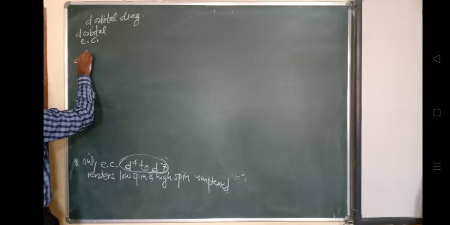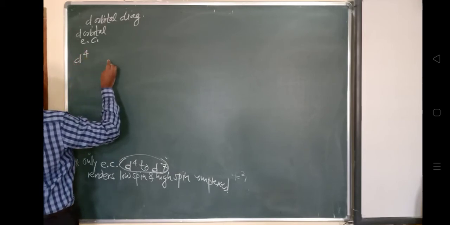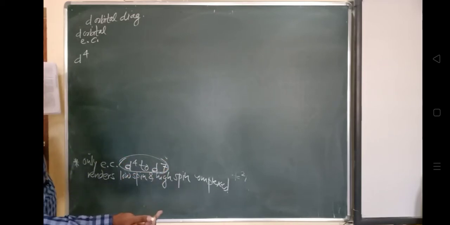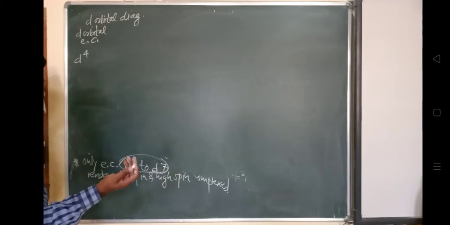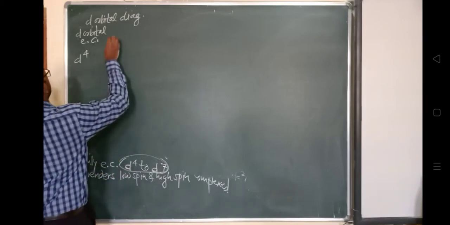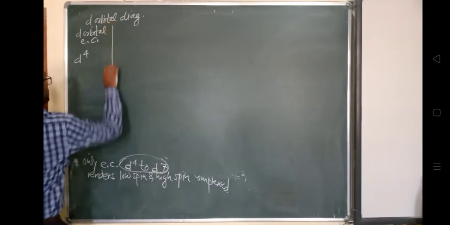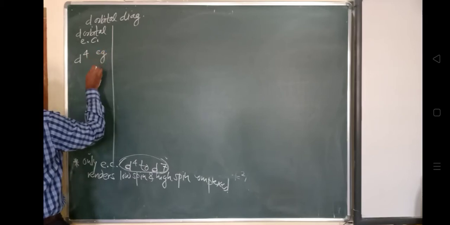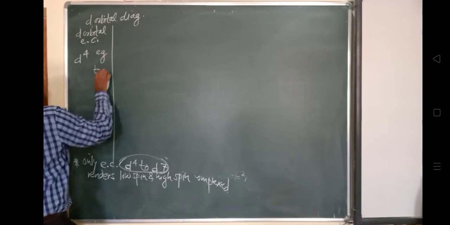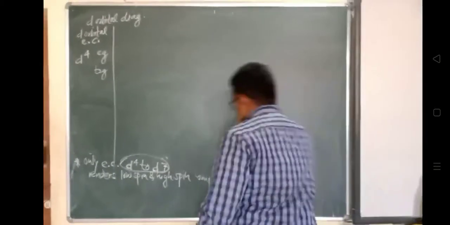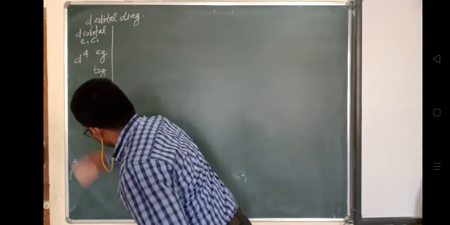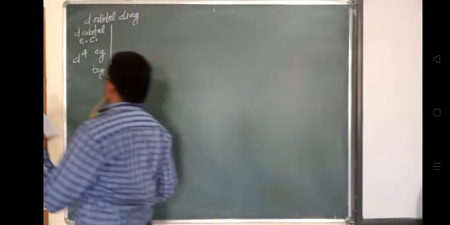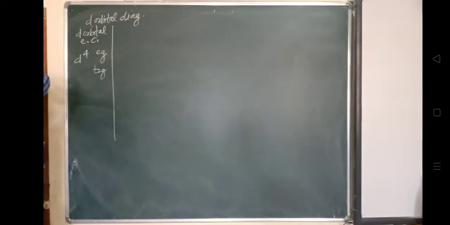Now see, each orbital will have Eg and T2g sets. So this is d4 and it is having Eg and T2g. We will draw it with the help of a diagram. Eg and T2g for d4 configuration.